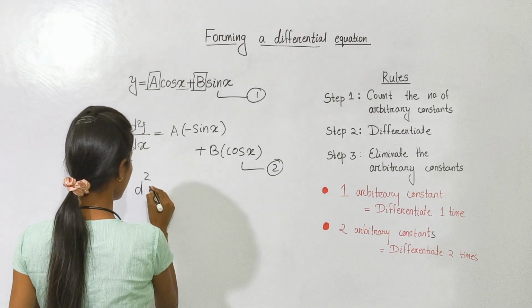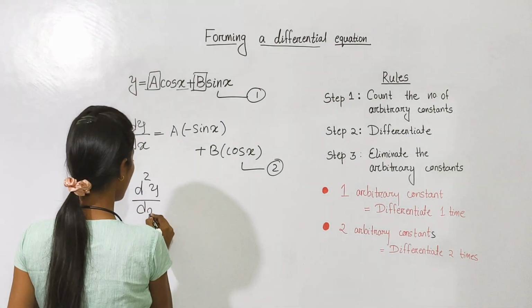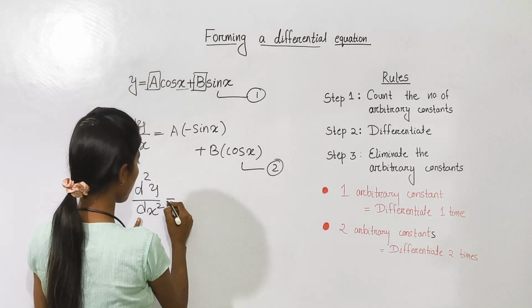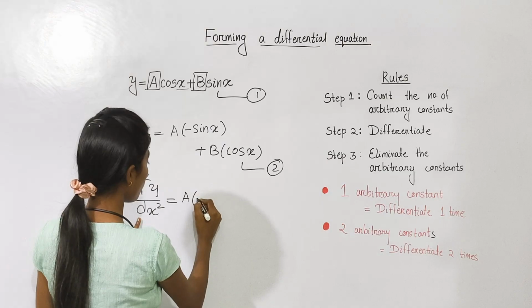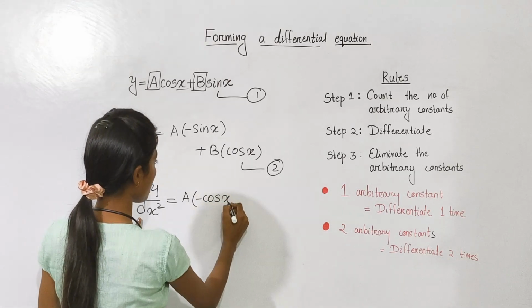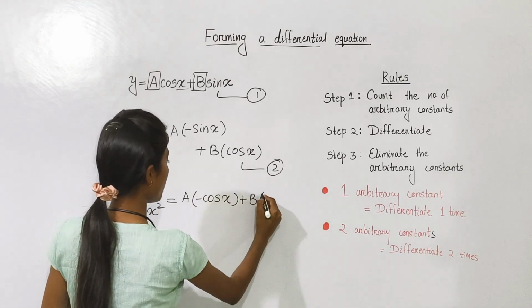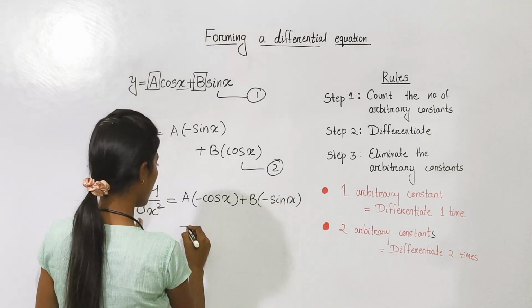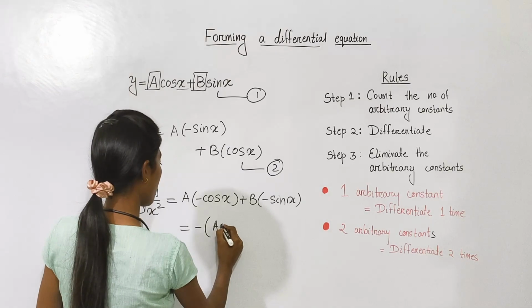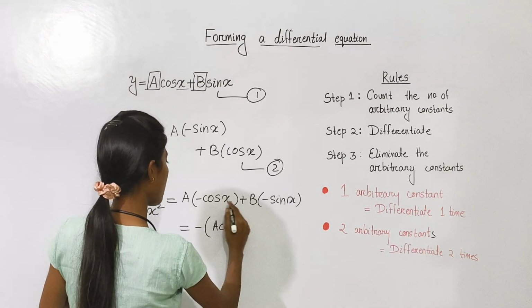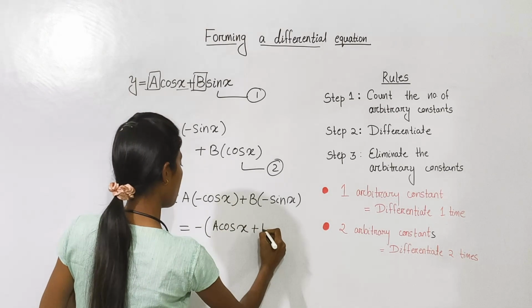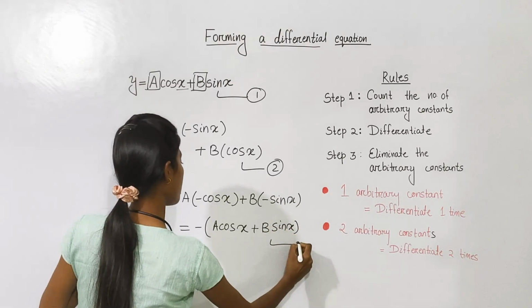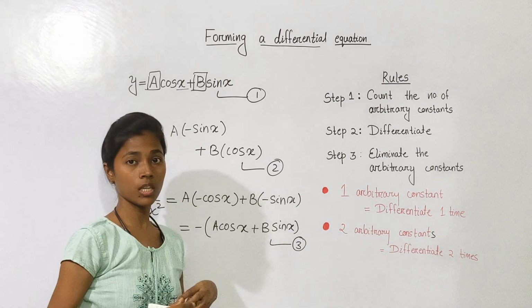After differentiating the second time, we will get d square y by dx square equals a into minus cos x plus b into minus sin x. So you can write it like minus of a cos x plus b sin x. This you can denote as equation 3.